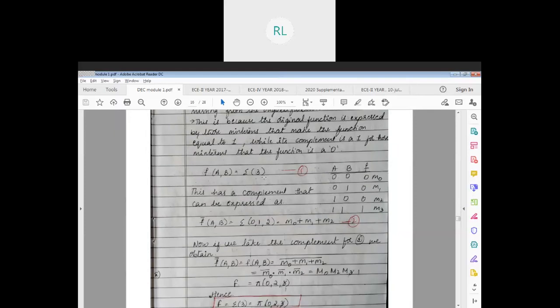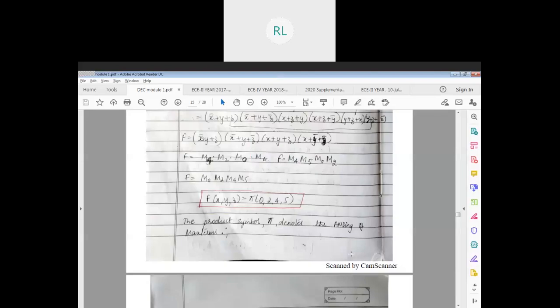Right? So I have a minterm here, I complement it. When I complement it, what is going to happen? Apart from 3, I consider the other terms, which are 0, 1, and 2. Now, how do we represent these minterms? Minterms are normally represented with m0 plus m1 plus m2.